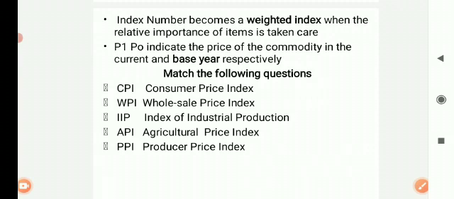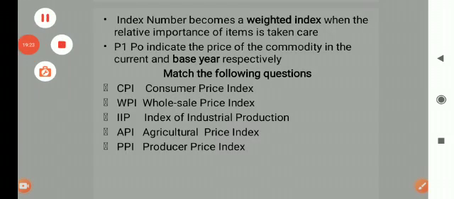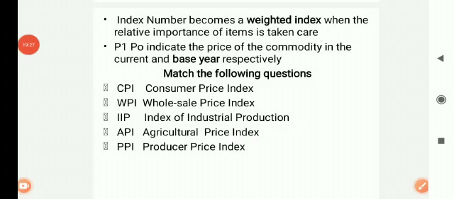IIP, index of industrial production. API means agricultural price index. PPI means producer price index. In opposite sequence, they may give these questions, and you will have to match them according to their sequence.